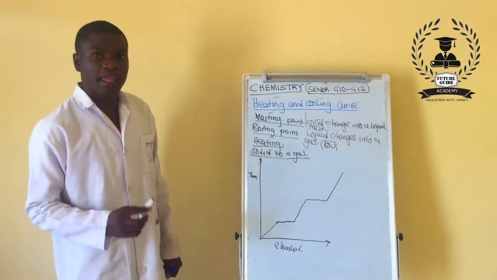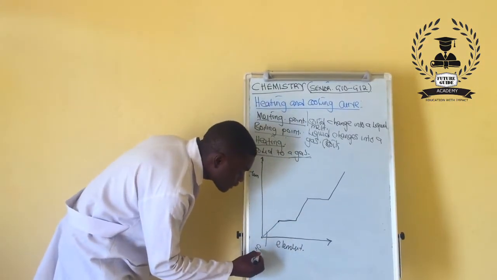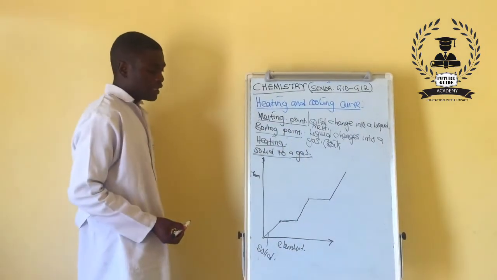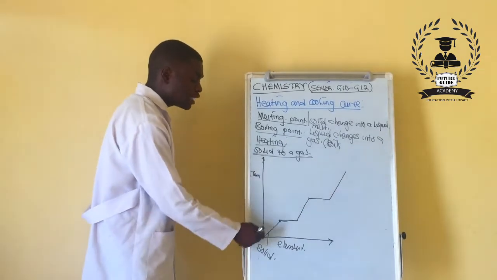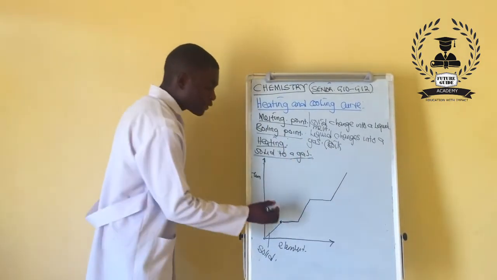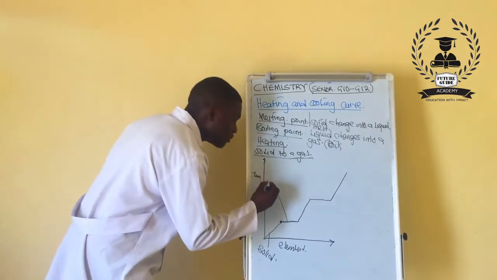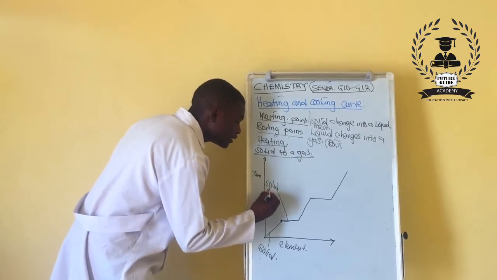So this is what we are saying. At this stage, our substance is still a what? A solid. When it reaches this point now, a solid starts changing into a liquid. So at this stage, what do we have? We've got a mixture of a solid and a liquid.